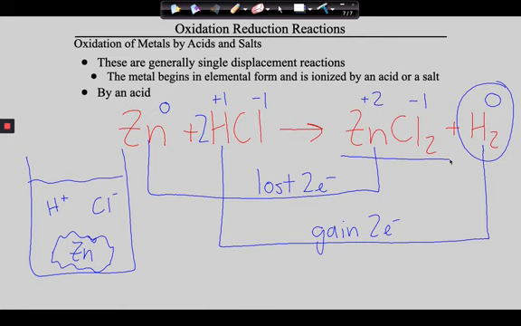So this will actually be broken into ions: we will have zinc ions, and then more chloride ions. And then guys, what does the hydrogen look like? Bubbles. So maybe we could write an H2 up here as a bubble as that stuff goes away.